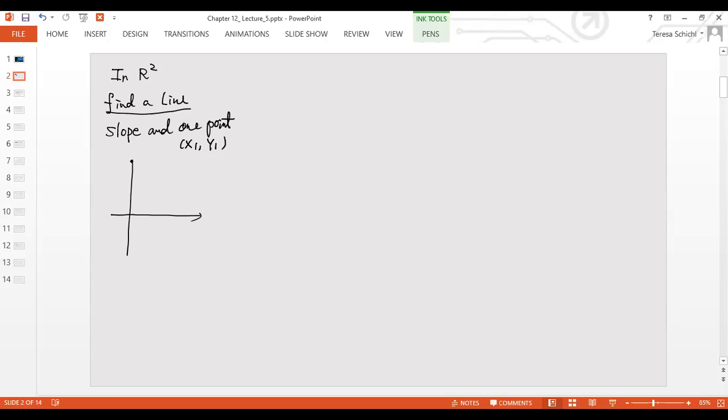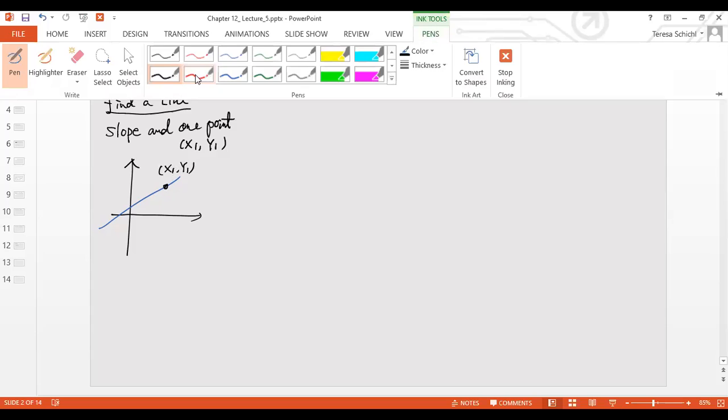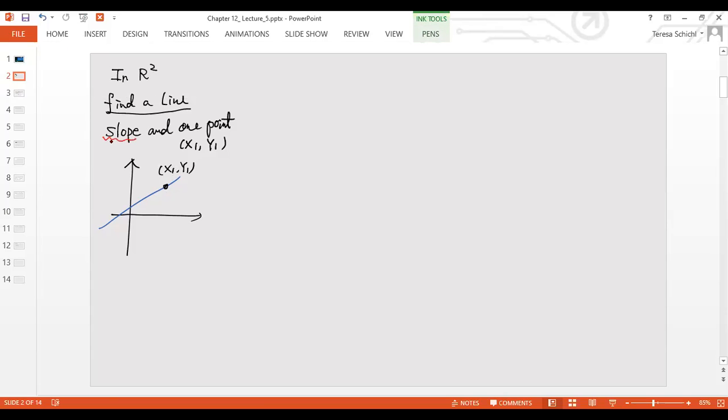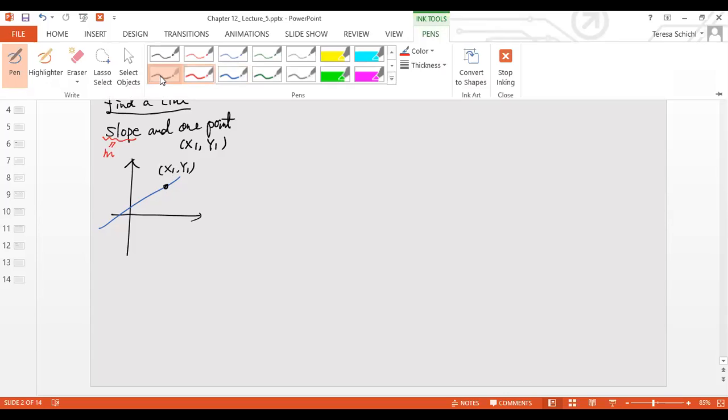So if the line is passing through this specific point x1, y1, and the slope is n here, now we all know the formula.